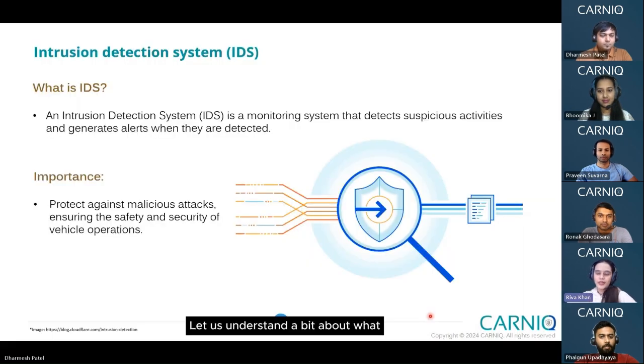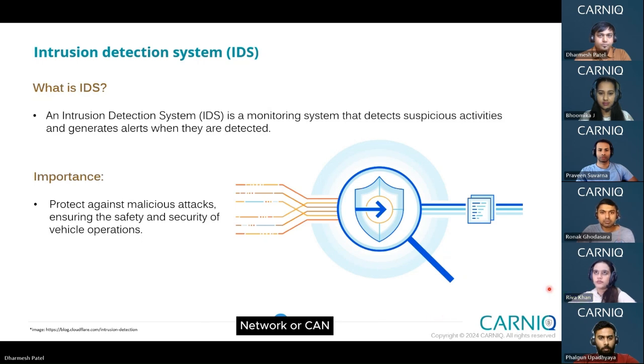Let us understand a bit about what exactly is an intrusion detection system. So, an intrusion detection system is a security mechanism which is designed to detect unauthorized access or attacks in a network or systems. In the context of automotive systems, IDS monitors the vehicle's communication network such as controller area network or CAN to identify suspicious activities that could indicate a cyber attack.